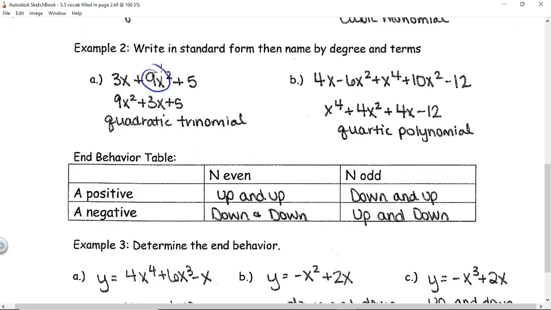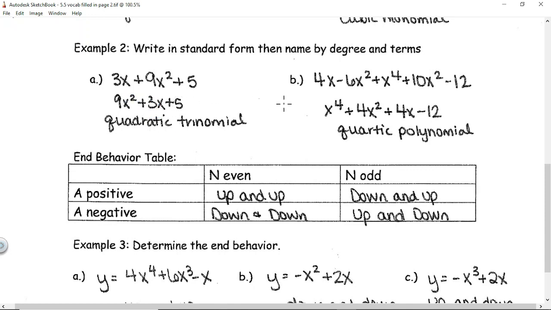This has a degree of 2, so we put it first, and then the order is right here: 9x squared plus 3x plus 5. That's in standard form because they are in the correct order, with the degree getting smaller as you go from left to right. Okay, and what would that be called? Well, because the largest power is 2, we call it a quadratic. So it's a quadratic trinomial.